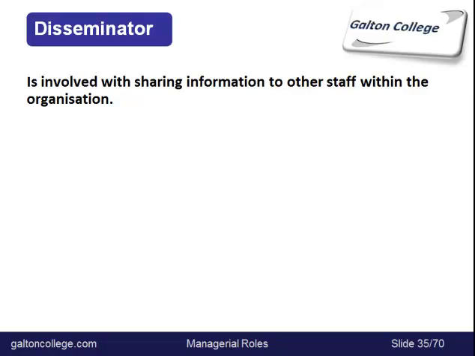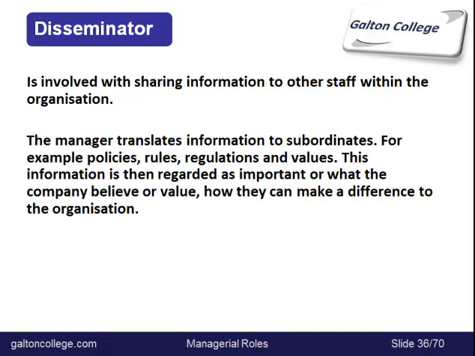The manager is also a disseminator. This means that they are involved in sharing information to other staff within the organisation. They should make information available, information which is understandable. It's been processed, it's been refined, and therefore can be accessed by other members of staff. The manager translates information to subordinates. For example, policies, rules, regulations and values.